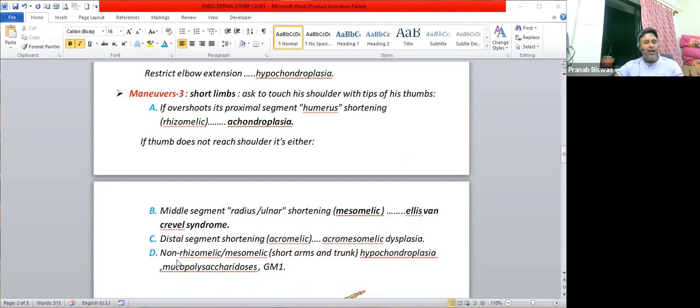Another variety is non-rhizomelic, mesomelic short arm and trunk, usually present in hypochondroplasia as well as mucopolysaccharidosis or GM1 gangliosidosis. So in maneuver 3, if you ask the child to do like this, you will find the finding according to the syndrome.